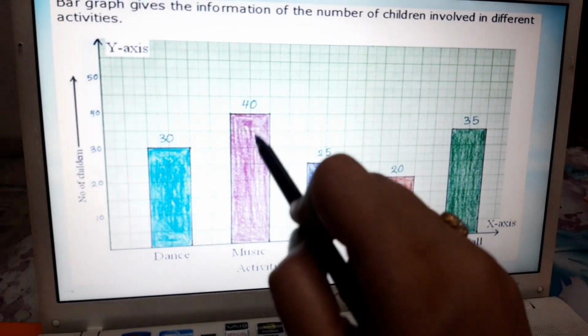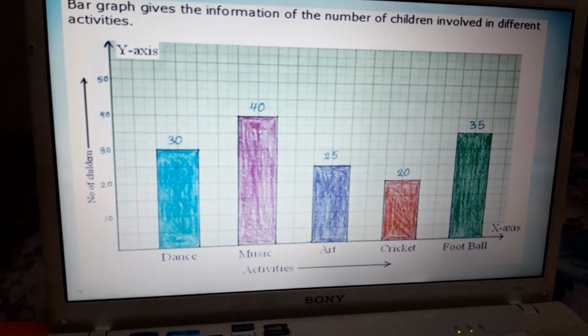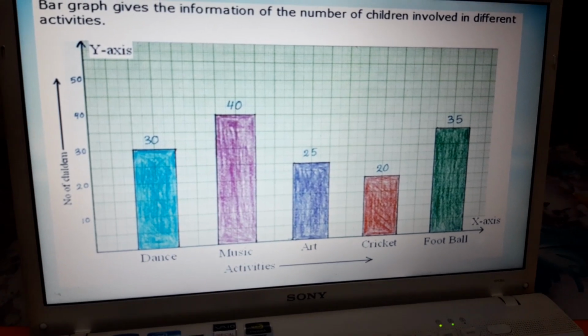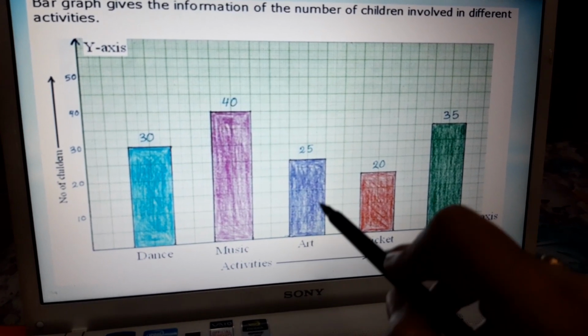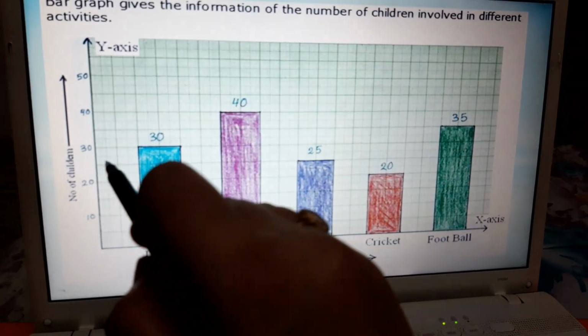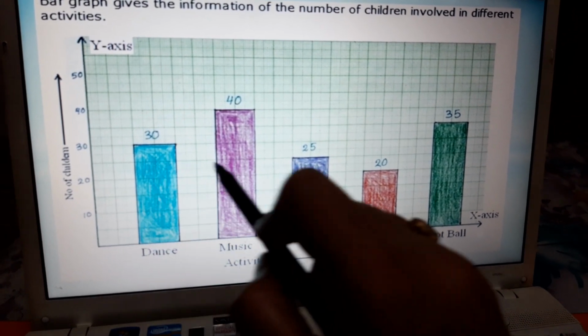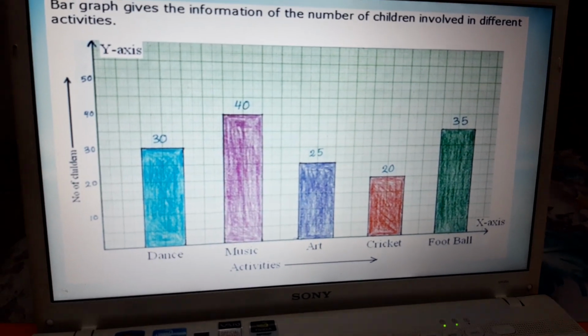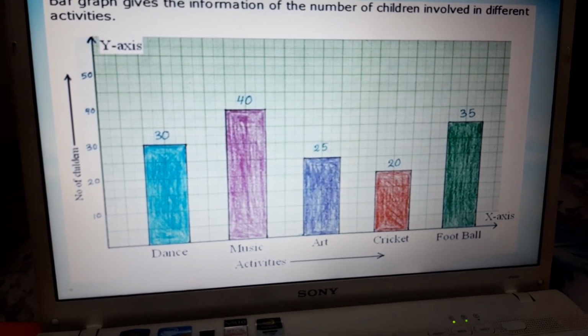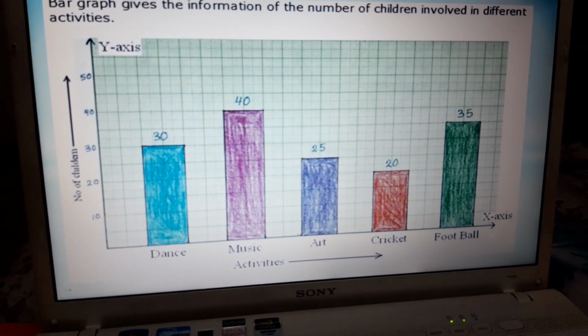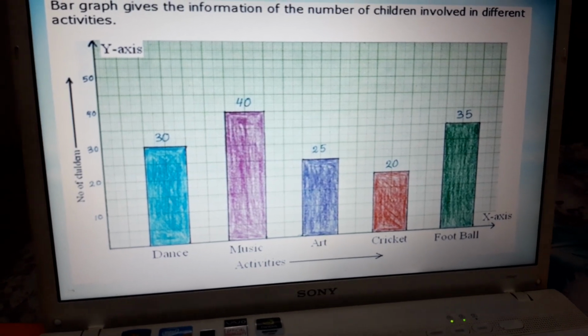It means 40 students are interested in music activity. Similarly, if I talk about the art activity, 25 students. Now 20 and 30, in between, middle of these two will be 25. So 25 students are engaged in art activity. Similarly, for cricket we have 20 students and for football we have 35 students.